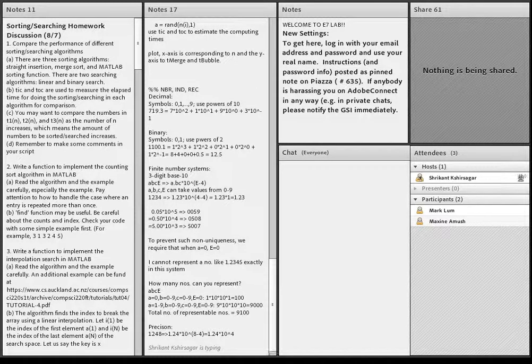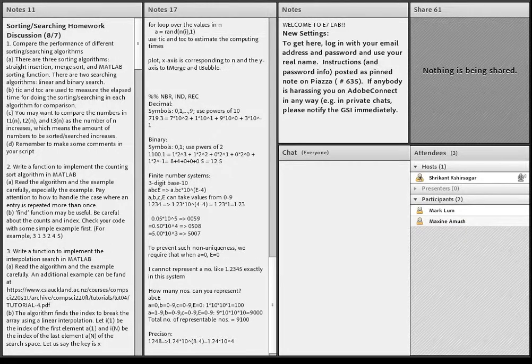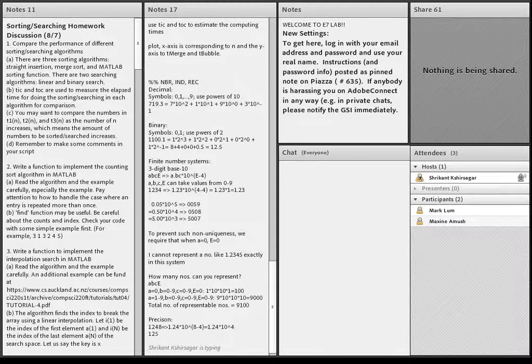So what is the next largest number that you can represent in this system? It is clearly not 1249, because 1249 will make it go up by a power of 10, but it is 1258, which corresponds to 1.25 into 10 raised to 8 minus 4, which is 1.25 into 10 raised to 4.